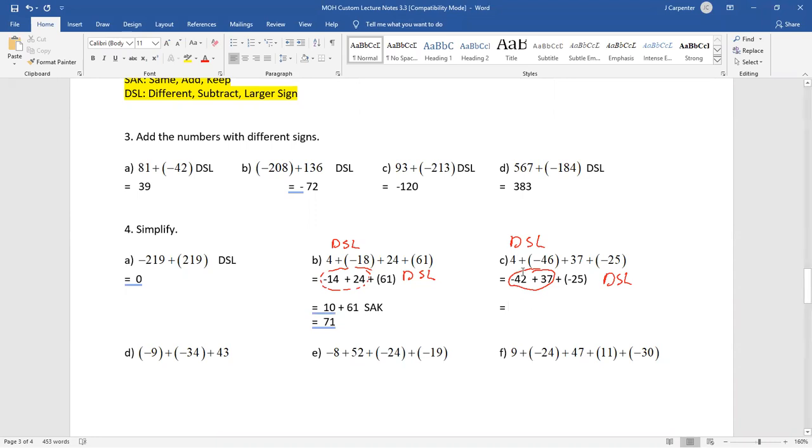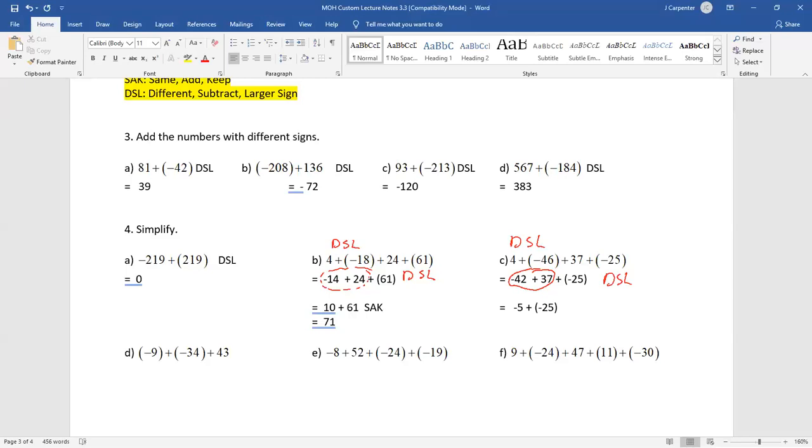Ignoring the negative for the 42, we do 42 minus 37, which is 5. But we're supposed to keep the sign of the larger. 42 is larger, so that's negative 5. Then we bring down the plus, negative 25. Alrighty.